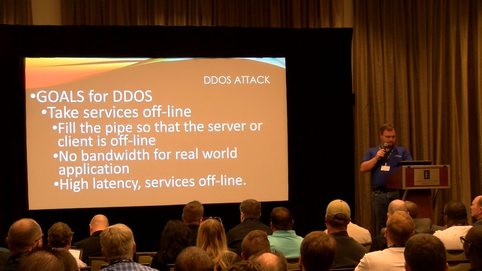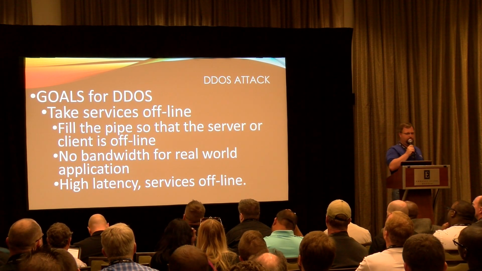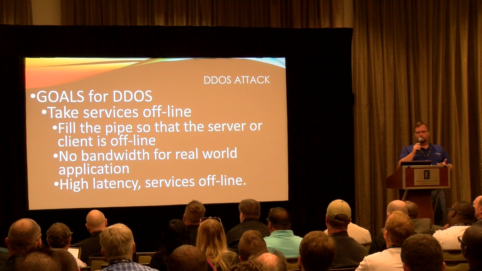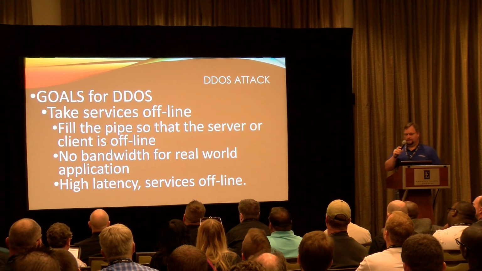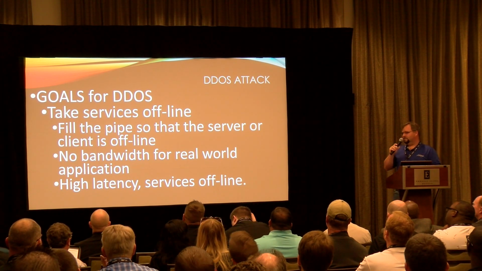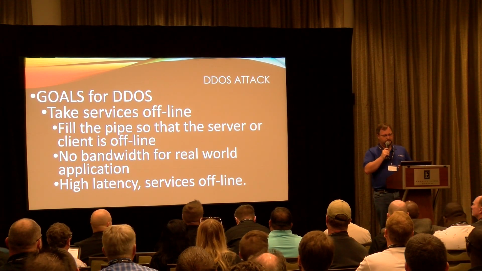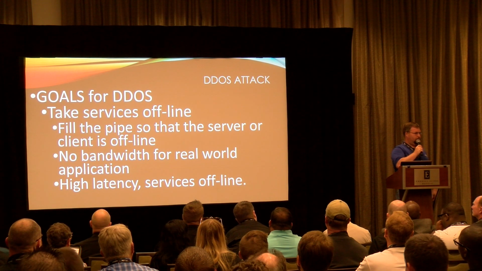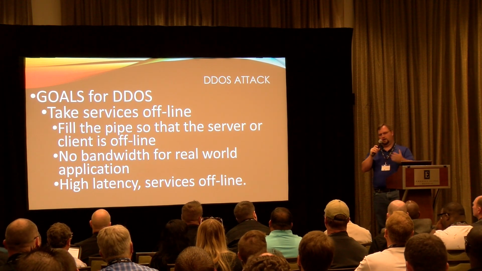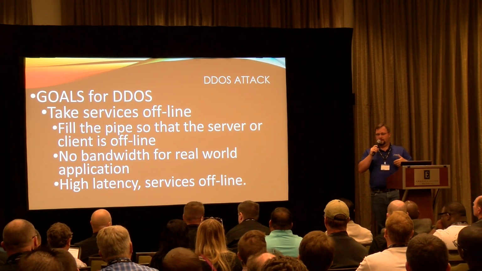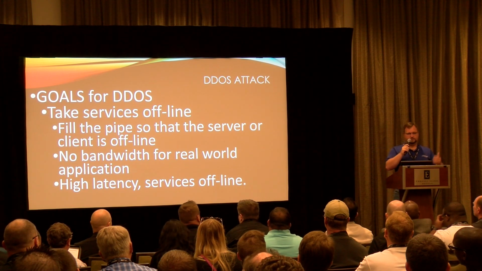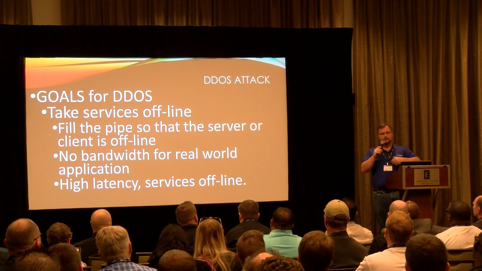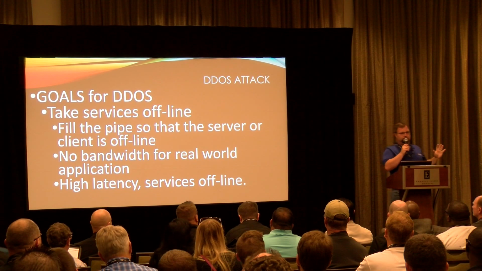Now, what is the goal for DDoS? Typically, of course, it's to take services offline. The number one reason services go offline due to DDoS is that it fills the pipe going to that IP. If you are an ISP with a 100 meg internet connection and you get a 200 meg denial of service attack, all UDP data coming in, you are out of options.